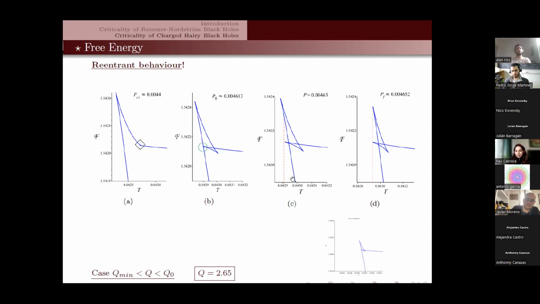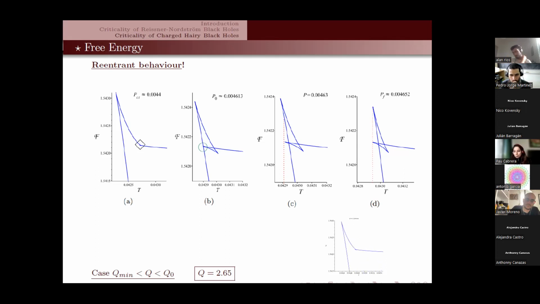Following the path that minimizes F, this one, we encounter a first order large-small phase transition because its first derivative is discontinuous here, and if we keep decreasing T, F takes a discontinuous jump to this original configuration, a zeroth order phase transition.